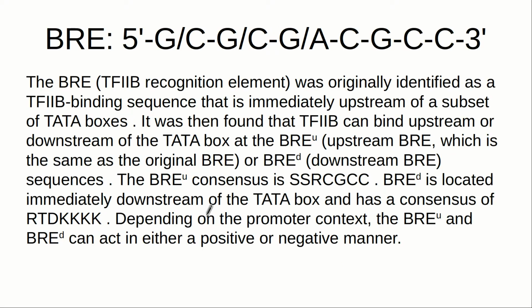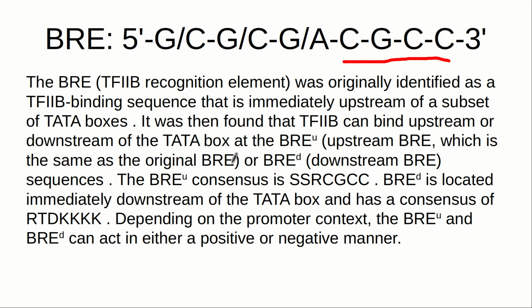Here is the sequence for the BRE. So it's a G or a C, followed by a G or a C, G or an A, and a CGCC. And if you'll recognize this, this sure does look like a very similar sequence to what? Your GC box. And so look for the BREs.